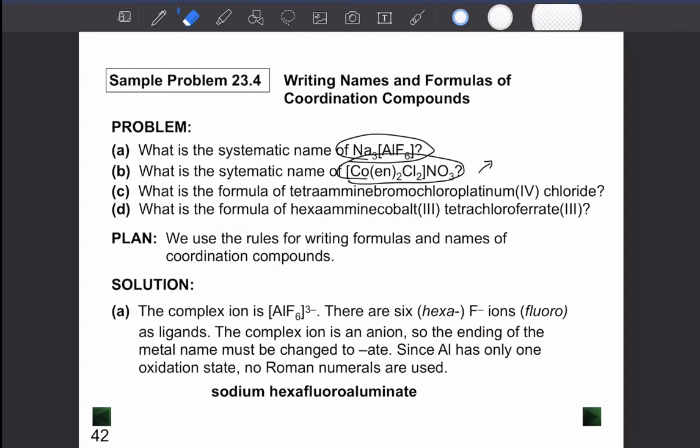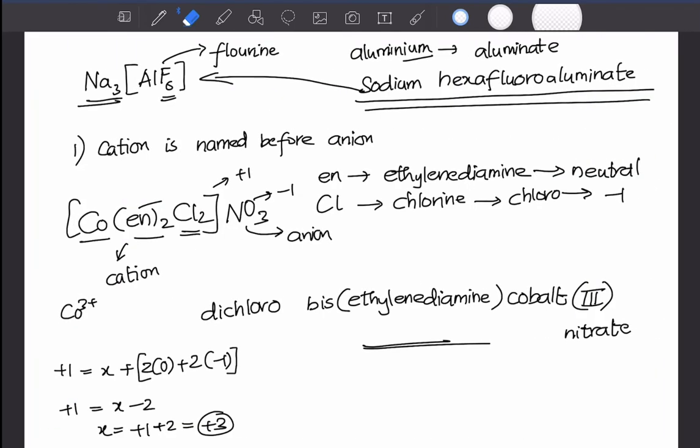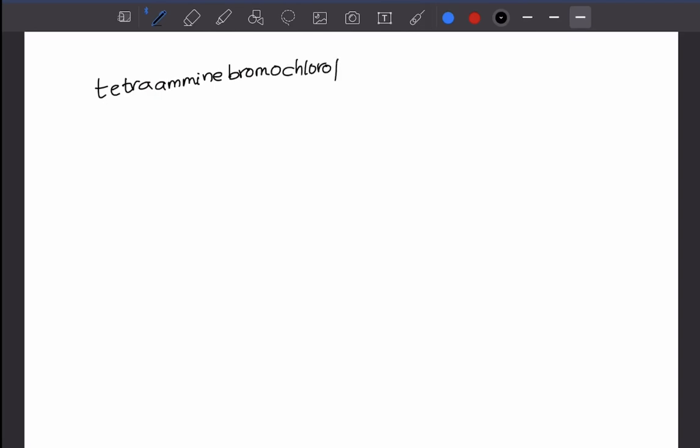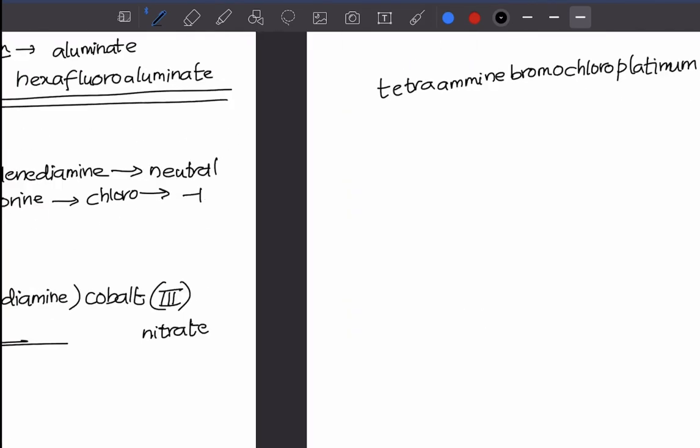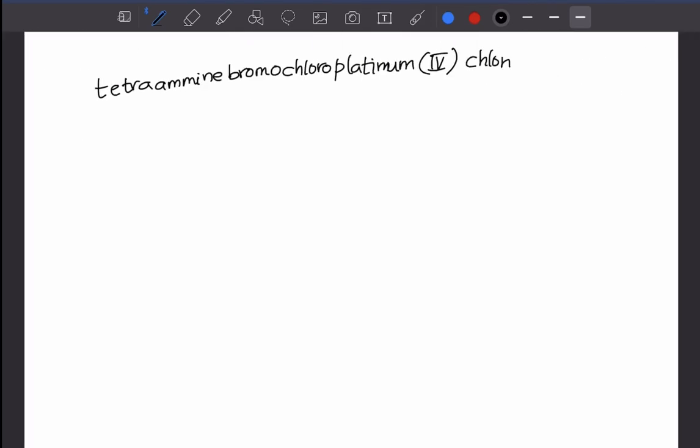So you have tetraamminebromochloroplatinum(IV) chloride. So this is the name given.